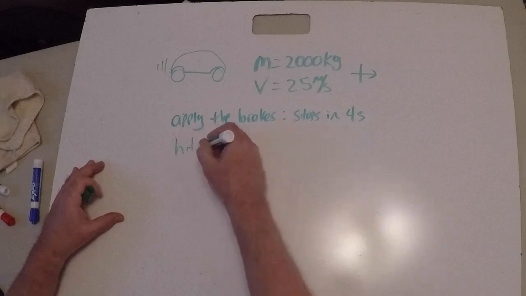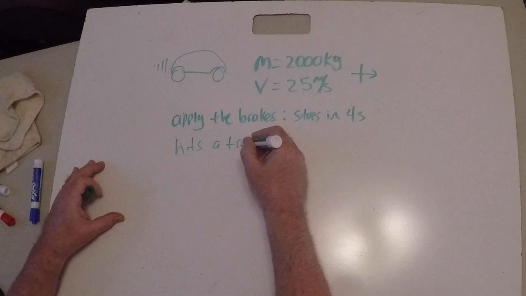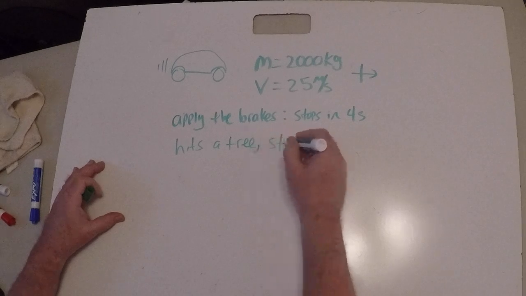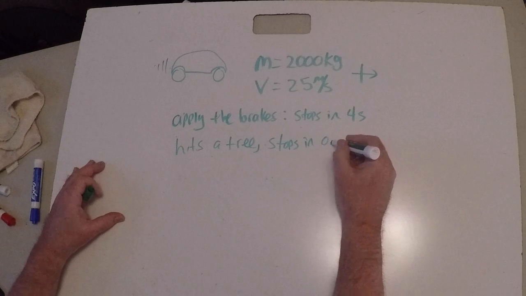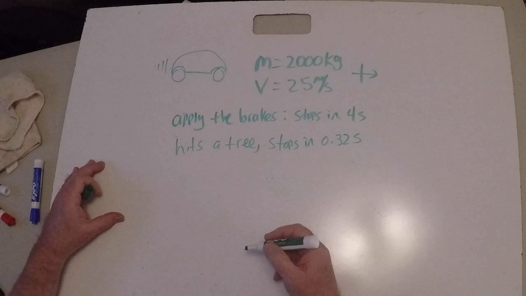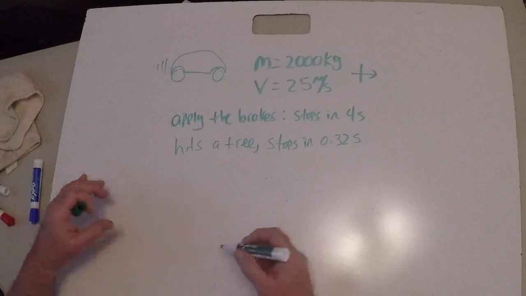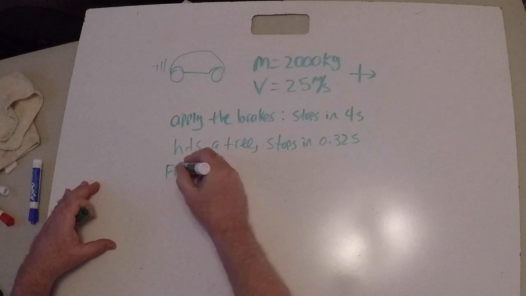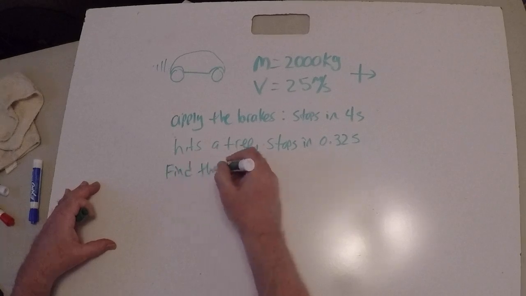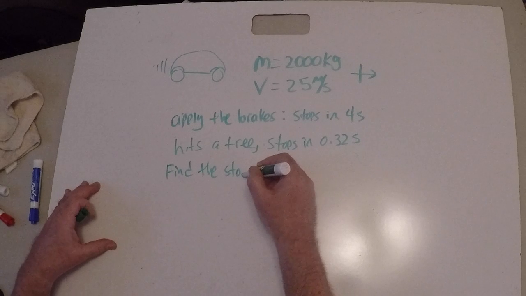The car hits a tree. In that case, it stops in 0.32 seconds. So 32 hundredths of a second. Pretty fast. In each case, we want to find the force, the stopping force.